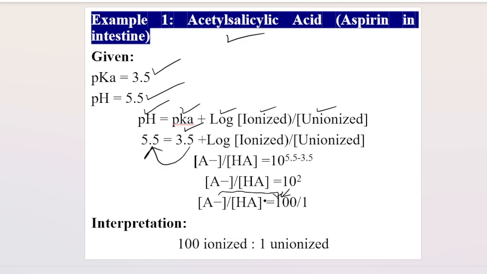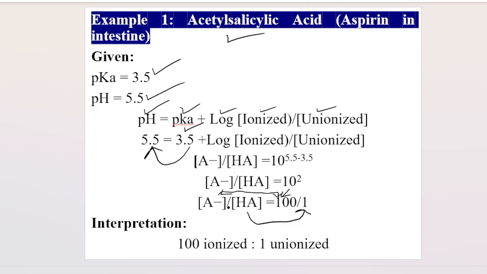So this is the numerator. I mean the ionized form is 100 molecules. If they are there, only a single molecule will be of the unionized form of that drug. So the aspirin at pH of 5.5, because the pKa value is 3.5, at pH 5.5 it's 100 molecules.